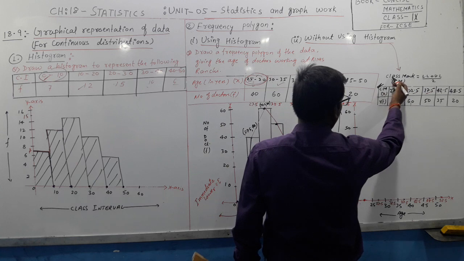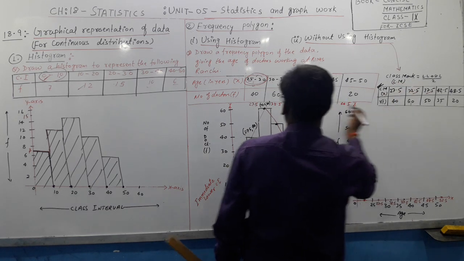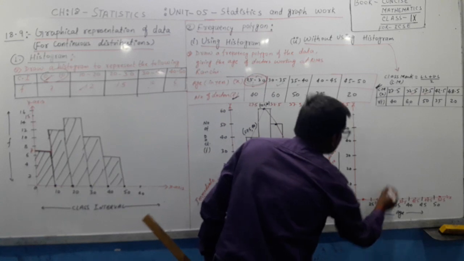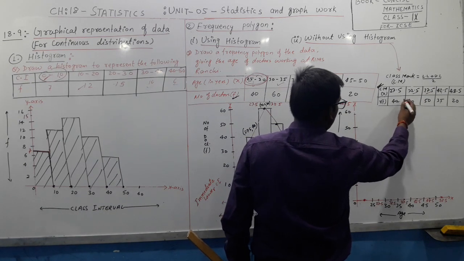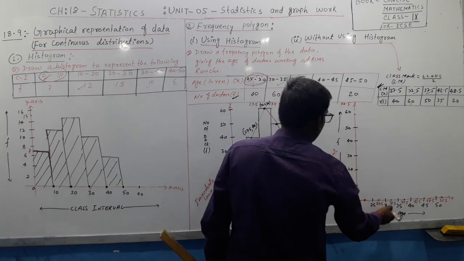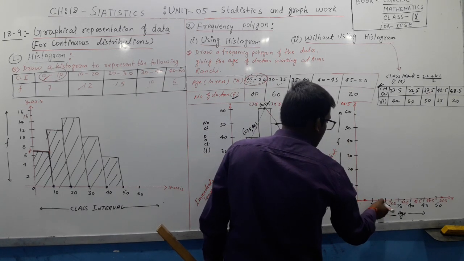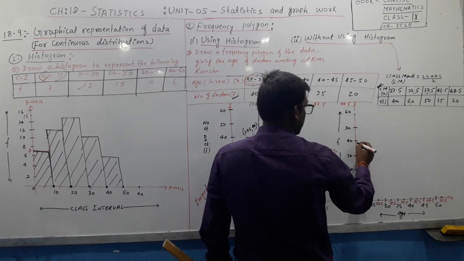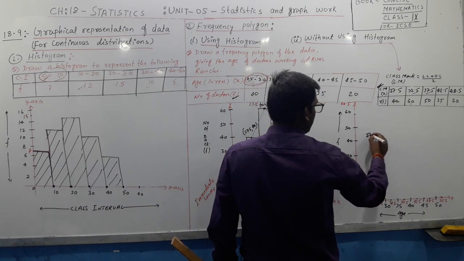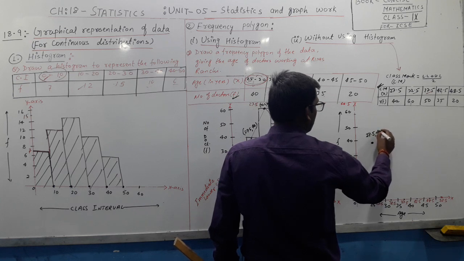First you calculate the class mark, and the corresponding frequency will be f, that means y. So this will be 27.5 and the corresponding value of y is 40. Just go on the y-axis, the frequency axis. So this point will be 27.5 comma 40.